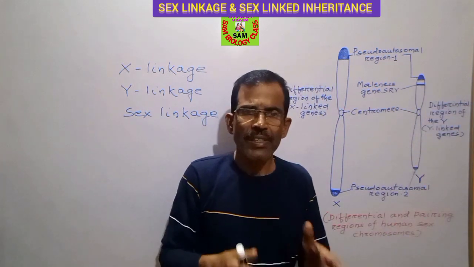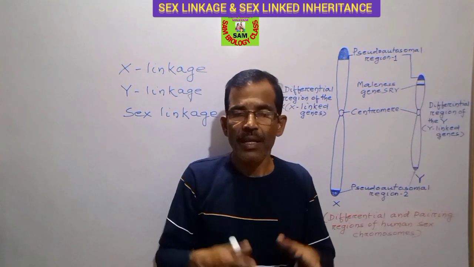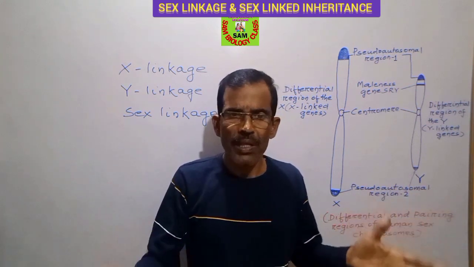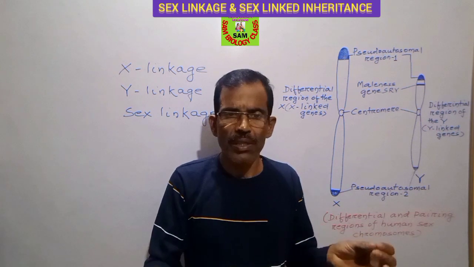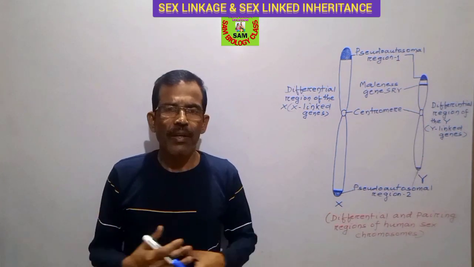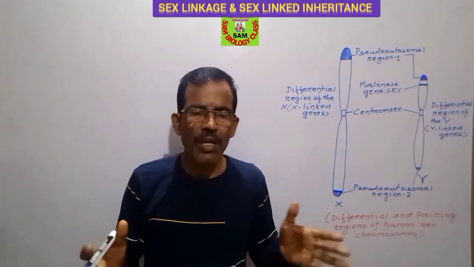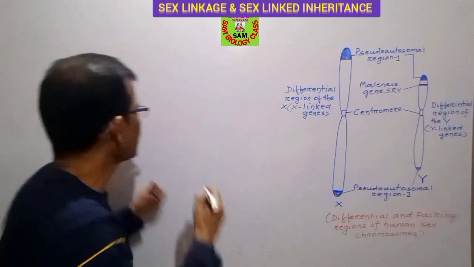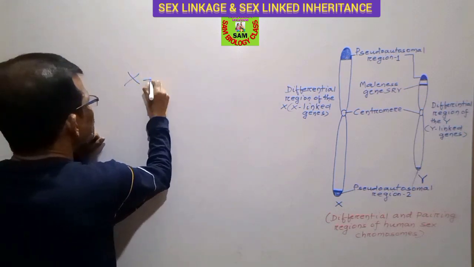In addition, several other genes that are responsible for sperm production are also present in the differential region of the Y chromosome. Genes that are localized in the differential region of X show an inheritance pattern called X-linkage.